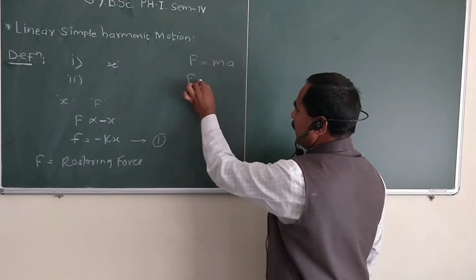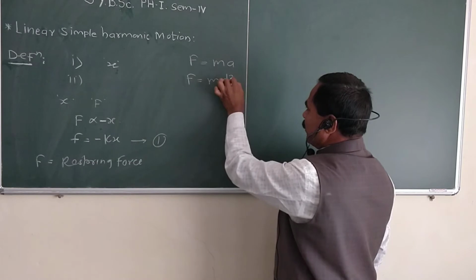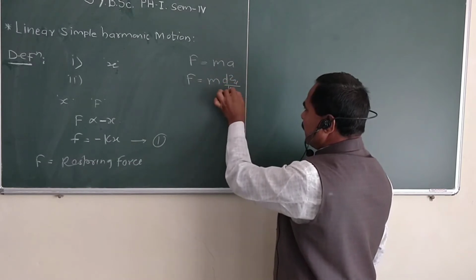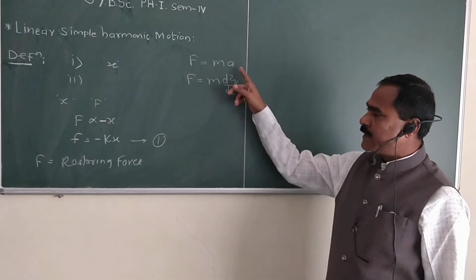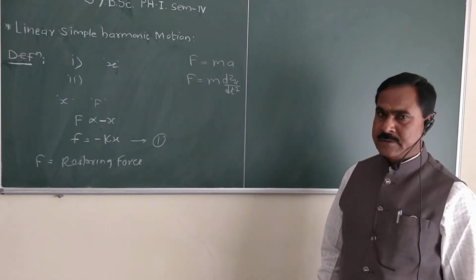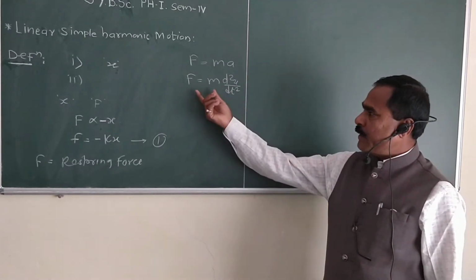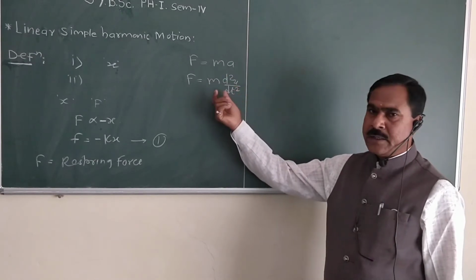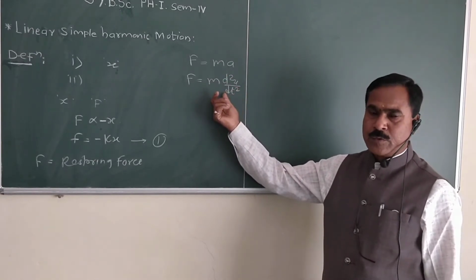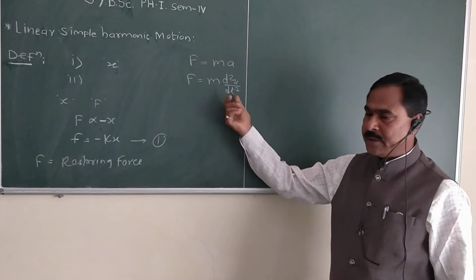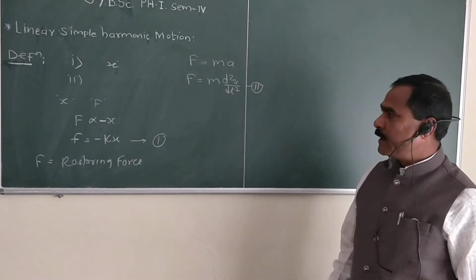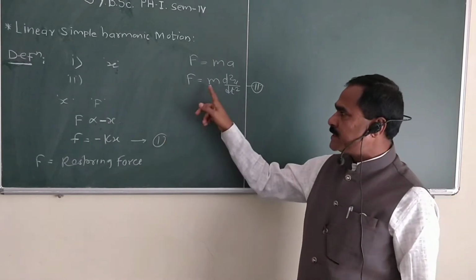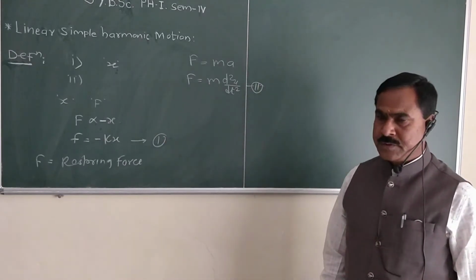Now here F equal to m d2x by dt square, where d2x by dt square is the acceleration. So F equal to m d2x by dt square is the force according to Newton's second law of motion. We name this equation second. Then we equate equations first and second for the force.